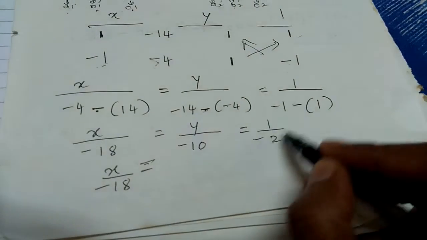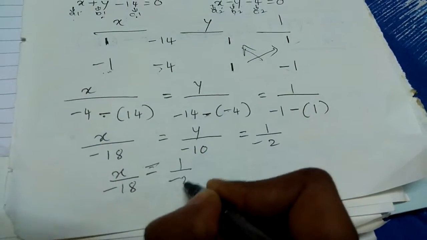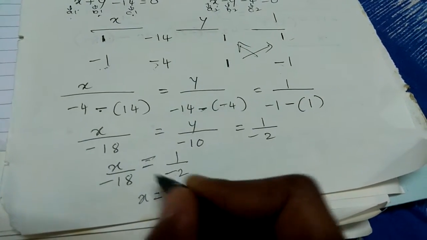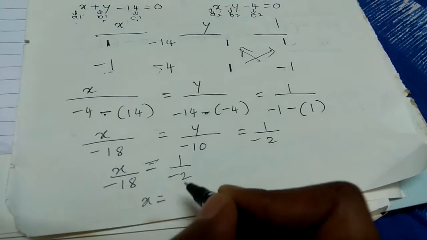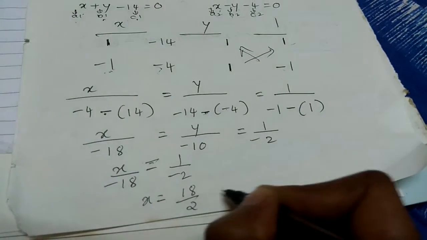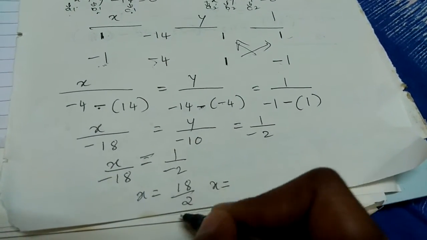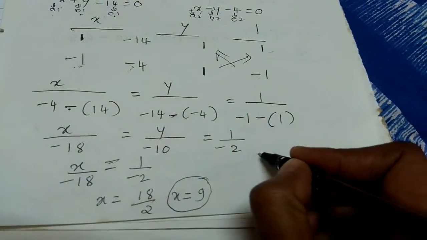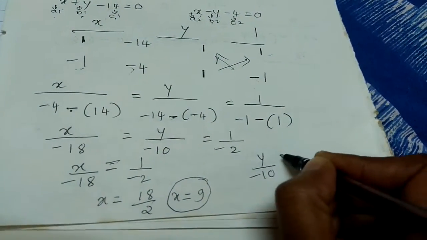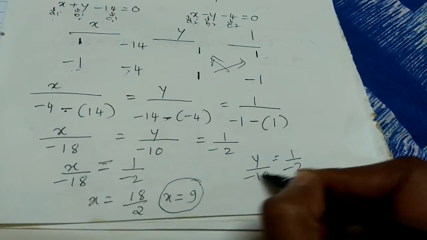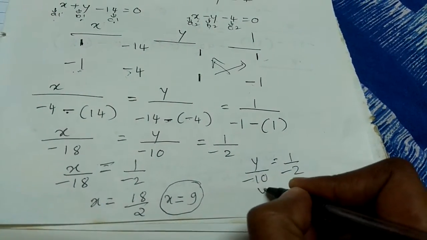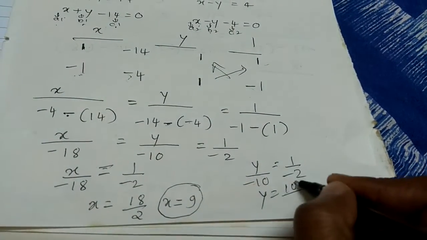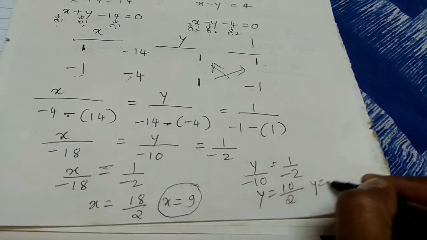So as there are numbers, I will use this. Find x: 18 will go there, or you can cancel the minus signs on both sides. So this will be 18 divided by 2. So x is 9. Similarly I am going to find y. Y upon minus 10 equals 1 upon minus 2. Minus on either side will get cancelled. 10 will go this side and divided by 2. So y will be 5.